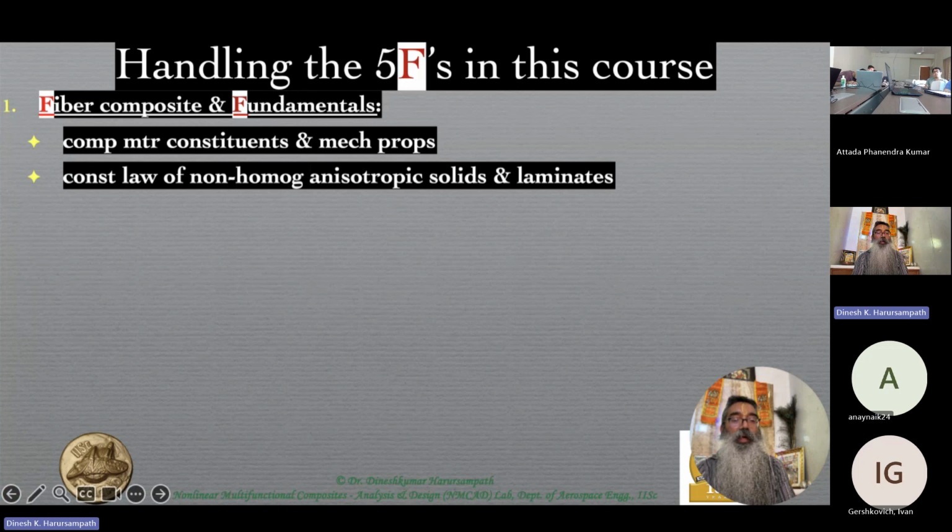So we will look at, in this course, composite materials constituents. That is, in the case of the fiber composite, it is essentially the fiber material and the matrix material, mostly epoxy, but also other polymers, and then the associated properties of each of them, the fiber properties, the properties of the matrix, which are relevant to this. For example, the strength, the stiffness, the density, and therefore the ratios.